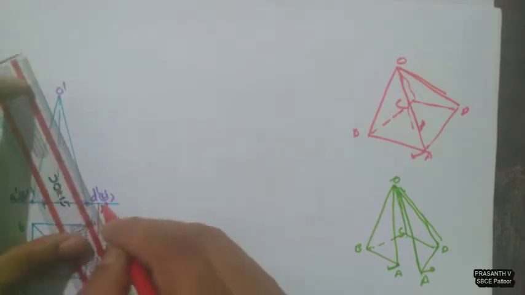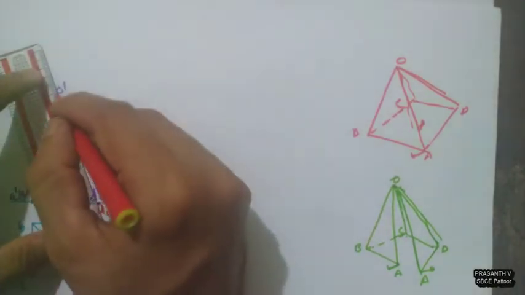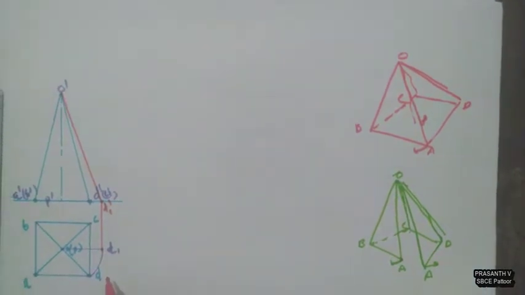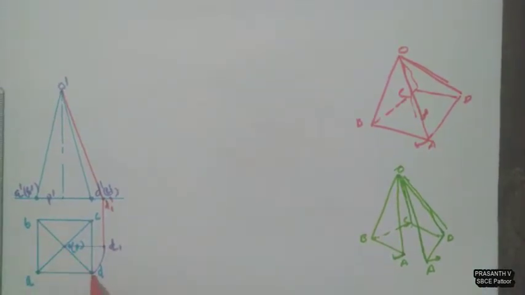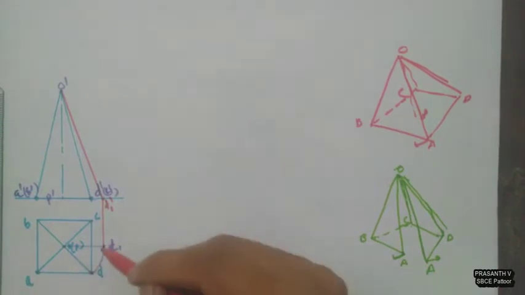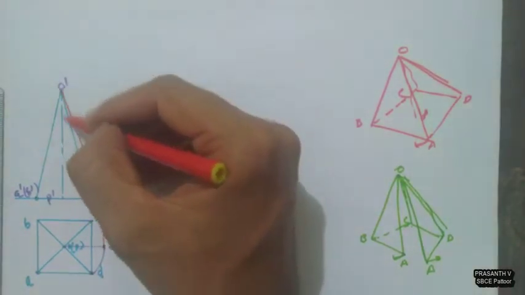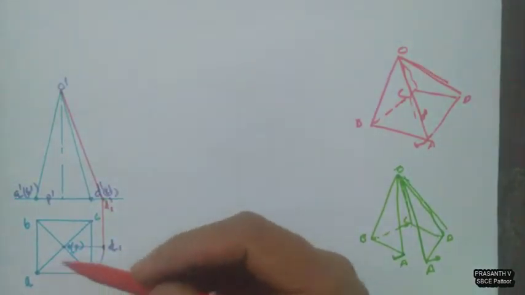So you have D1 dash. This O dash D1 dash is the true length of the slant edge. You can see what I did is I just rotated this OD to a parallel line in the top view. I got D1, then I projected D1 to the XY line. I got D1 dash. Then O dash D1 dash is the true length of the slant edge.